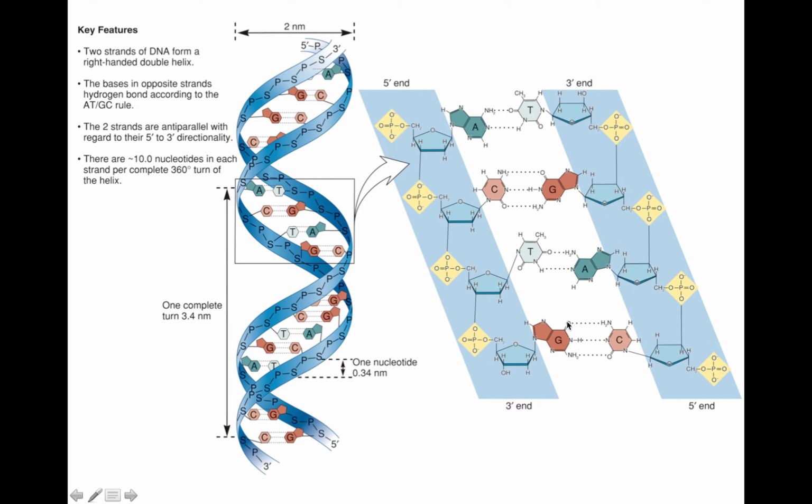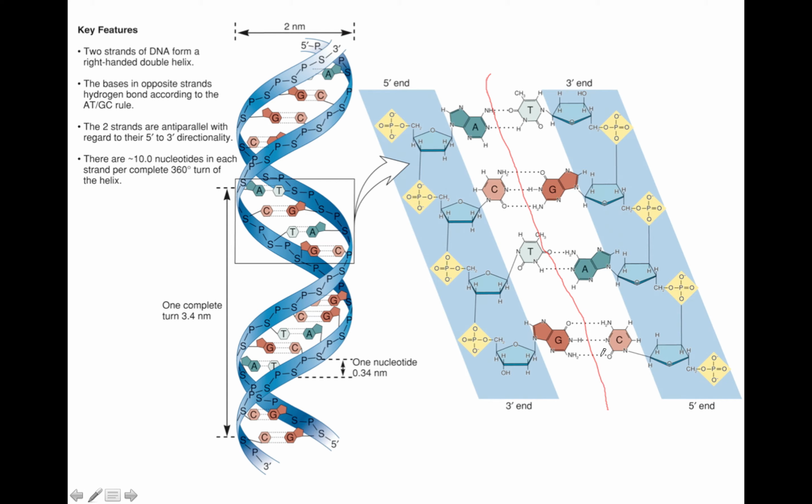Okay, so here's our flattened model of a DNA molecule. We have our double-stranded molecule, and now it's complemented by hydrogen bonding between the bases. Here's where the hydrogen bonds all form.